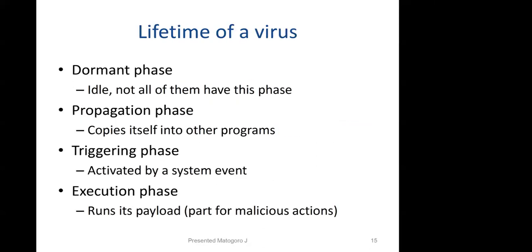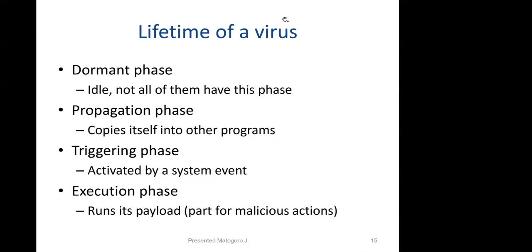So the lifetime of a virus has different phases. It can come in the dormant phase. This is idle. Not all of them have this phase, but it can also have a propagation phase, in which it can copy itself into other programs. It can also have a triggering phase, which is activated by system events.